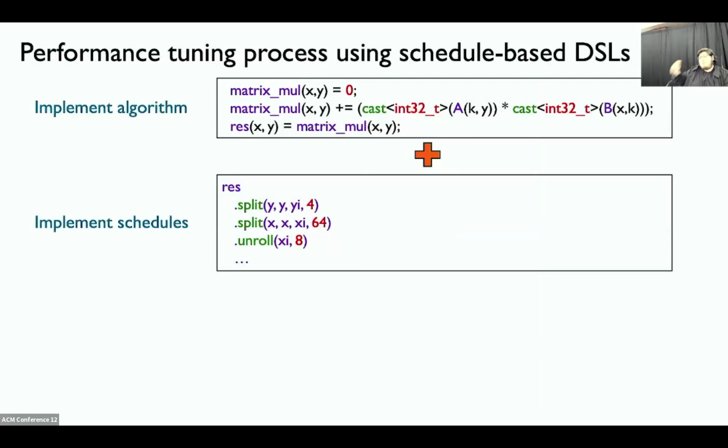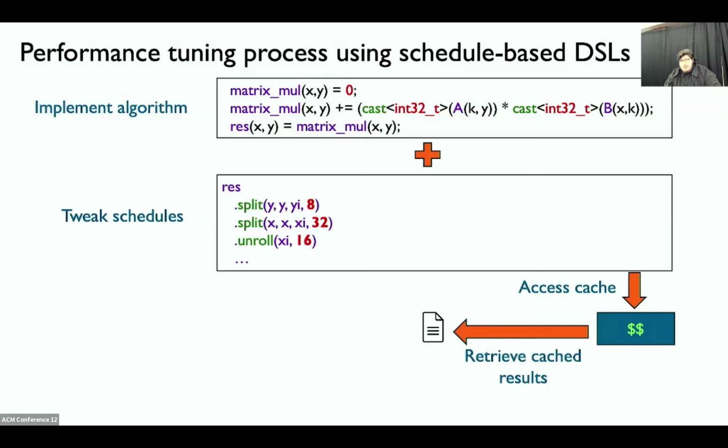In the rest of the performance tuning process, you just tweak schedules. You don't change the algorithm. As a result, you can perform a bunch of loop transformations, change the tiling factors and unroll factors and all the rest of it, but the core computation remains the same.